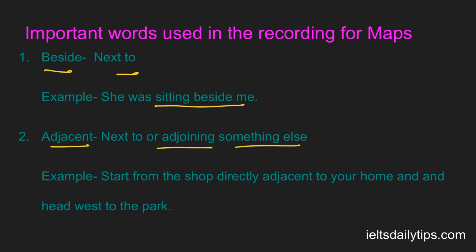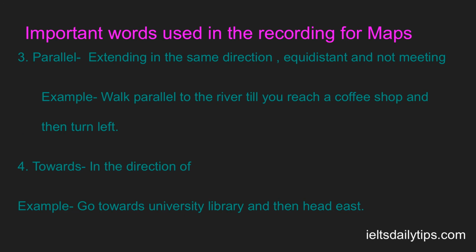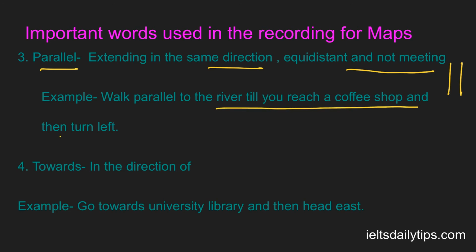For example, start from the shop directly adjacent to your home and head west to the park. The next is parallel. Parallel means extending in the same direction, equidistant, and not meeting, like parallel lines. Walk parallel to the river till you reach a coffee shop and then turn left.